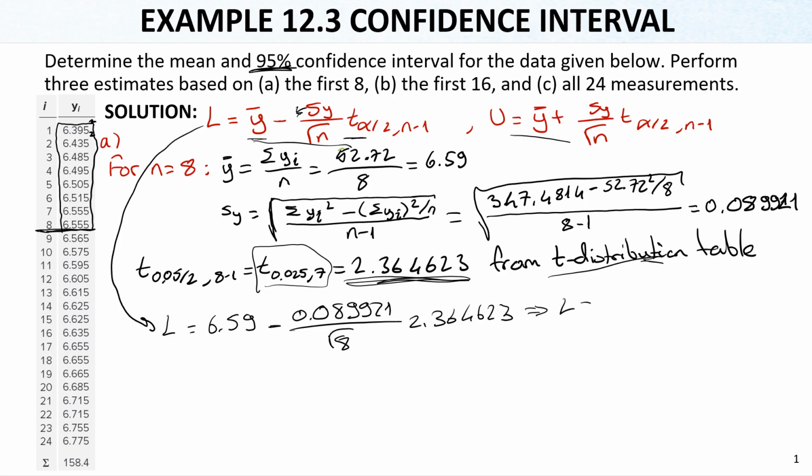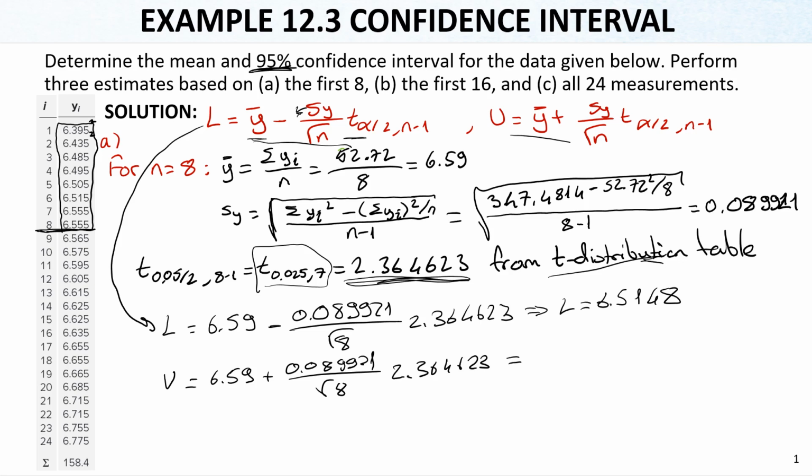Then L is equivalent to 6.5148. And for U, it is the same, but just the summation, 0.089921 over root 8 times 2.364623, and then U is 6.6652. You can see that the mean should be between these.